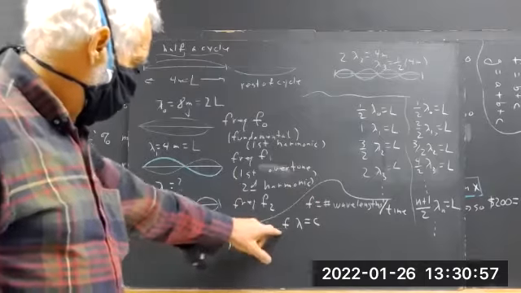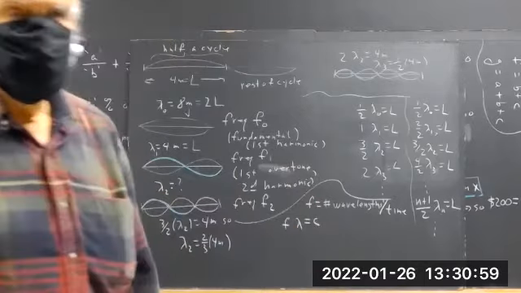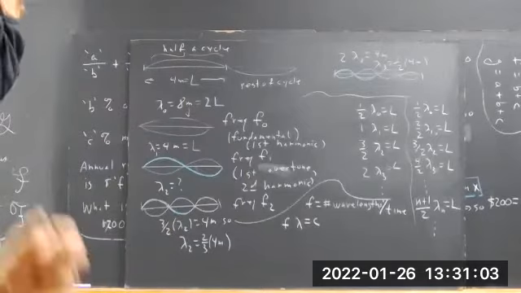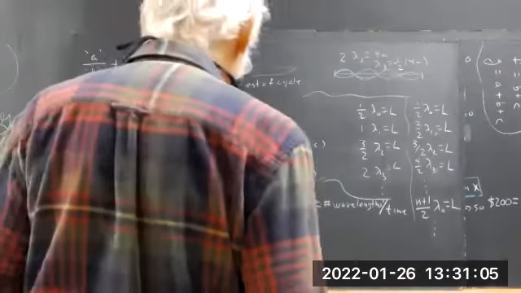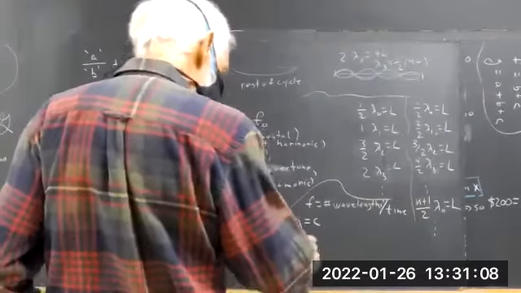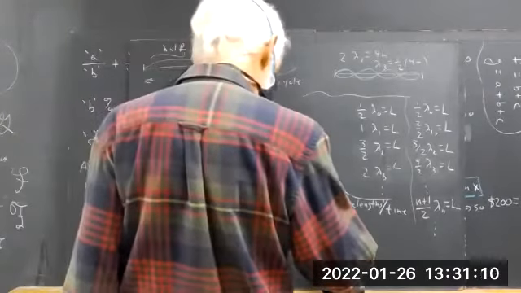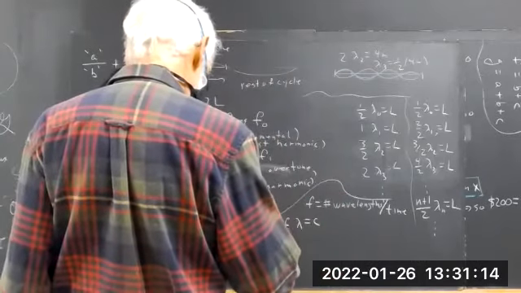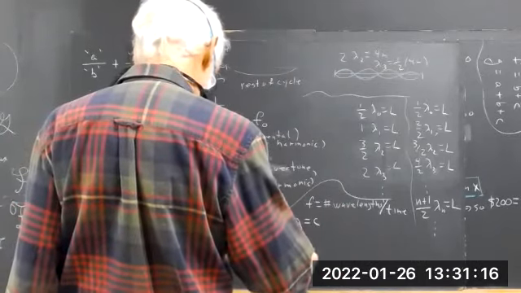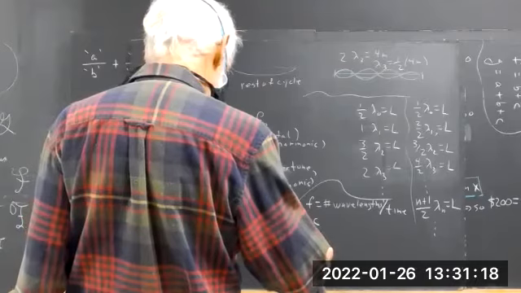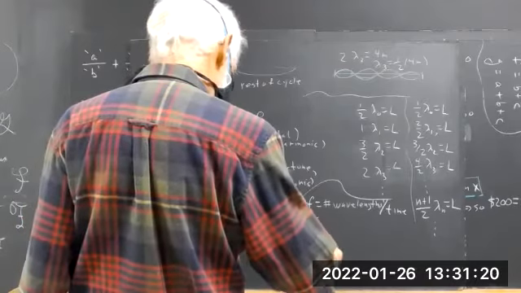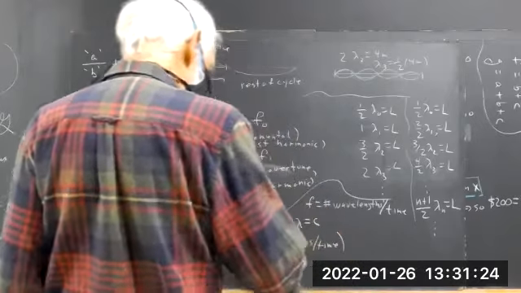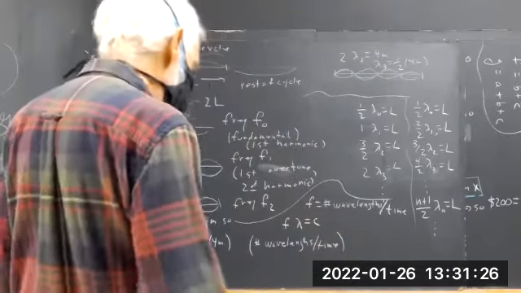I claim that the frequency times the wavelength equals your speed of propagation. This says your frequency is the number of wavelengths per time.